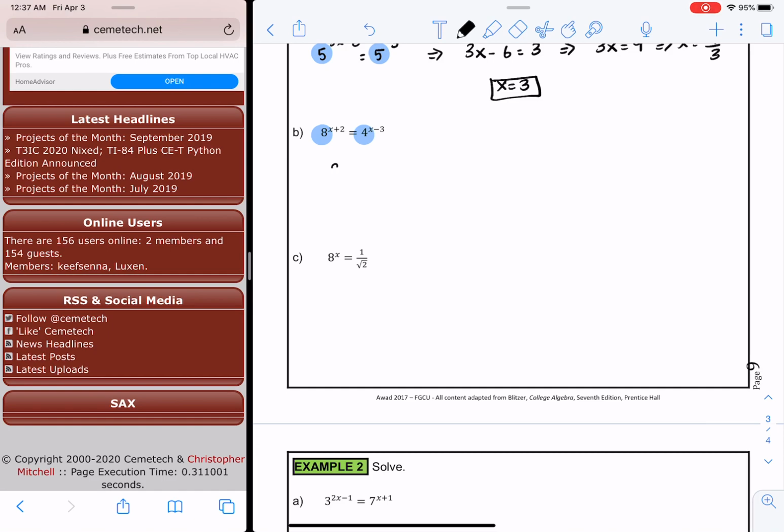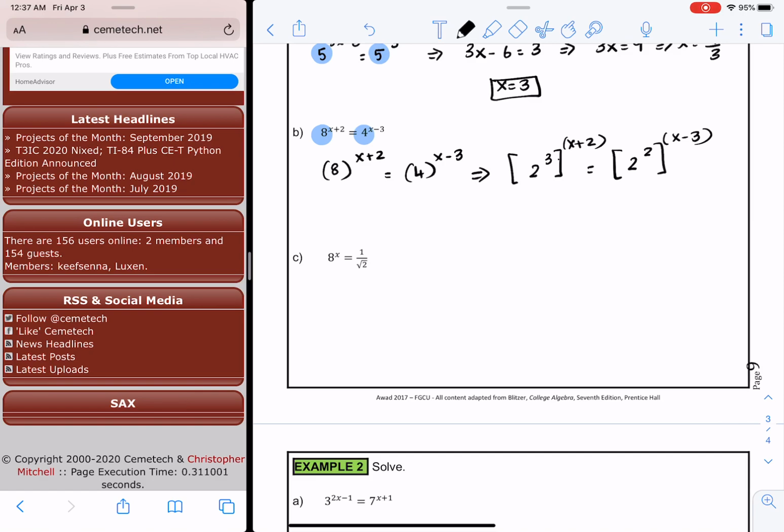So we have 8 raised to x plus 2 equals 4 raised to x minus 3. How could we write 8 in terms of 2? I could write it as 2 raised to 3, which is 8, raised to x plus 2, which would equal 2 raised to 2, raised to x minus 3.